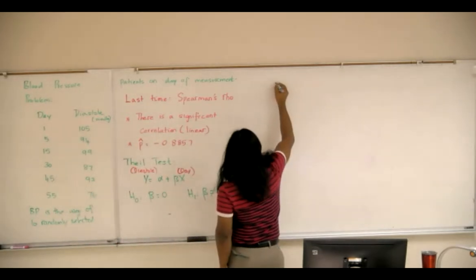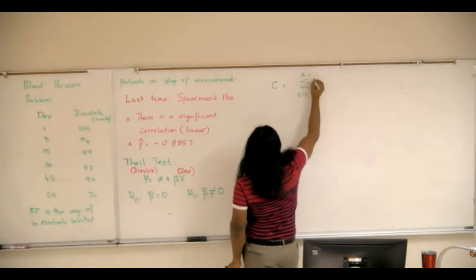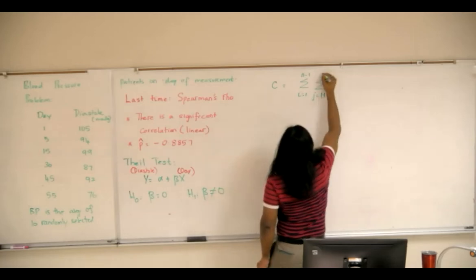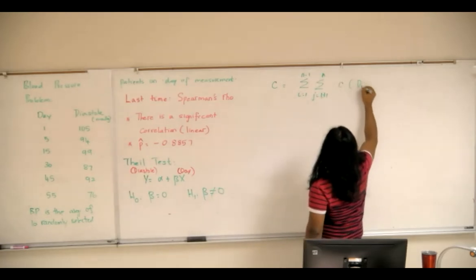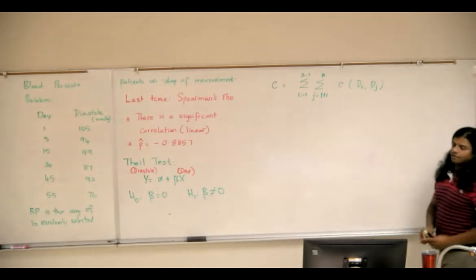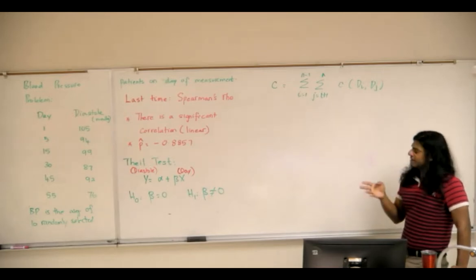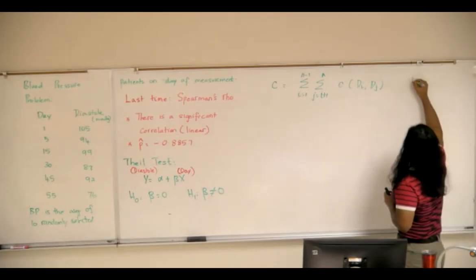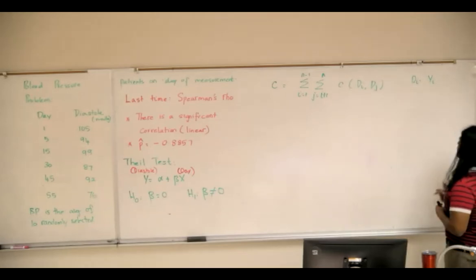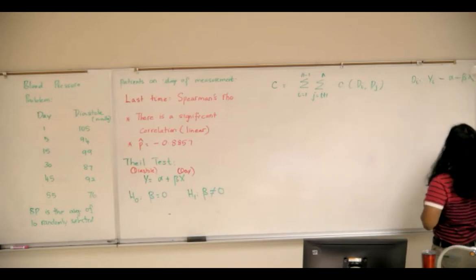The Theil statistic is C. Now, what is di? di is the difference. Di simply is the ith y value minus alpha minus beta times xi.